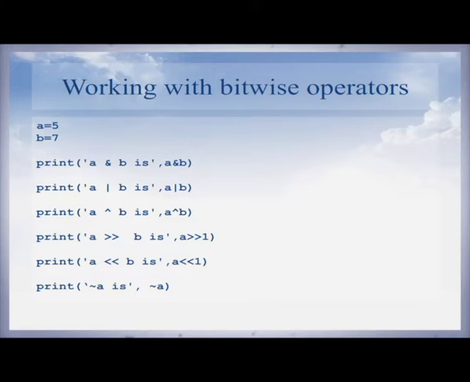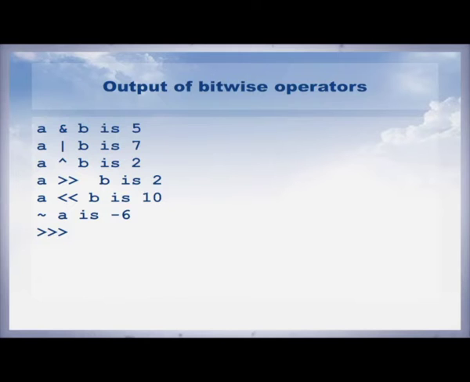So, here we are presenting an example to understand how to work with bitwise operators. Please run and see how the output is. Here you see the output for the previously written script on bitwise operators.